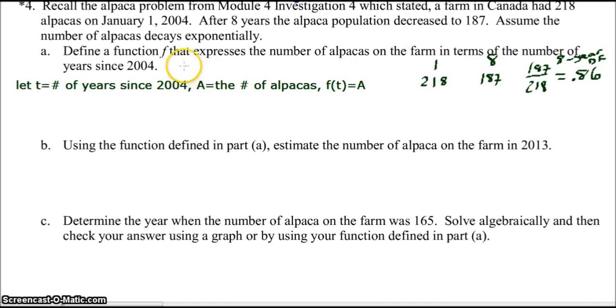But we want our function f to express the number of alpacas on the farm in terms of the number of years, so 1 year increments. So since we have the 8-year decay factor, we can take the 8th root of that decay factor, or 0.86 to the 1/8, and that will tell us the 1-year decay factor.